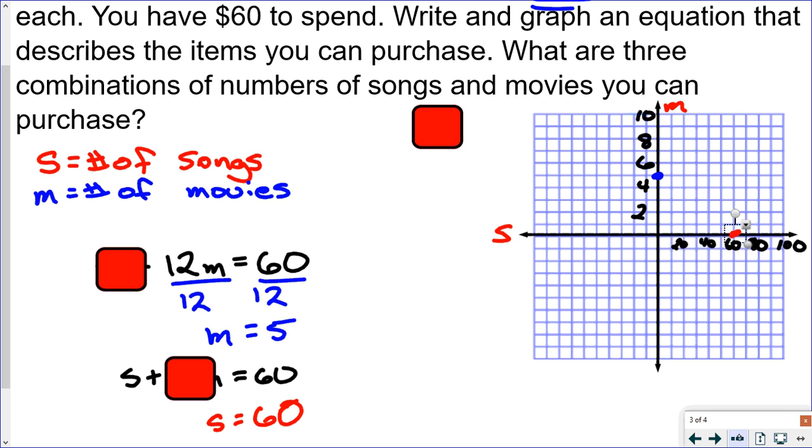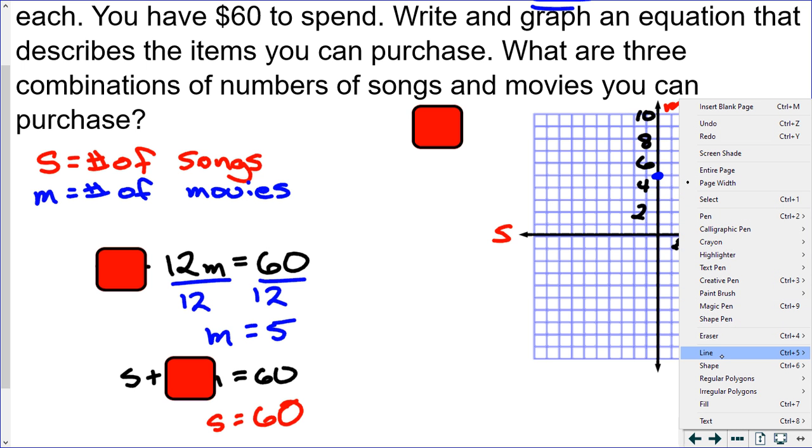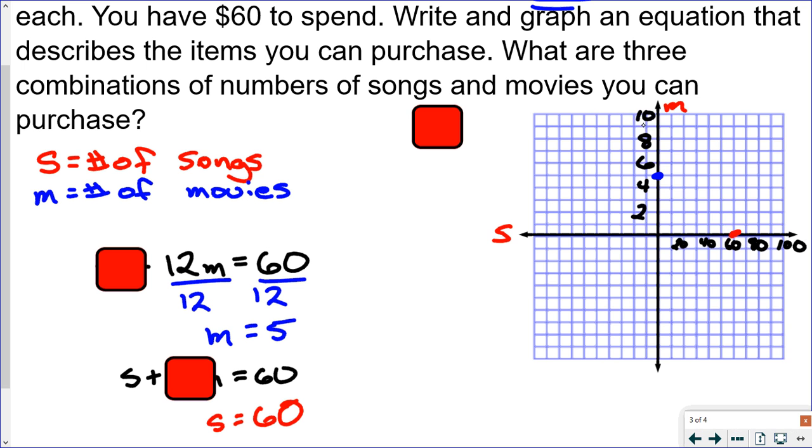So that's like that. I'm not going to put the arrows on here because this one doesn't continue on in both directions forever and ever, because you can't have negative S values or negative M values. So again, it's only in this quadrant here.